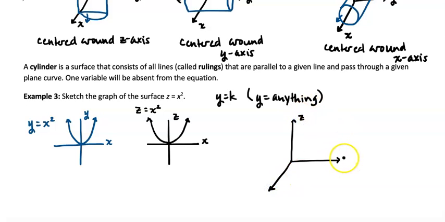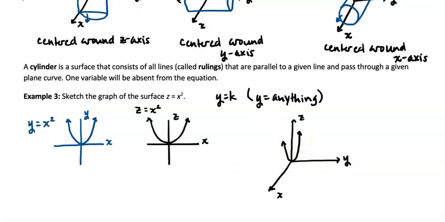Now, we know that on our xz plane, we have this parabola. So I'm going to try to draw something that depicts a parabola on the xz plane. And then if y is equal to anything, when we're missing a variable, we know that this is going to be the axis. Y can be anything.